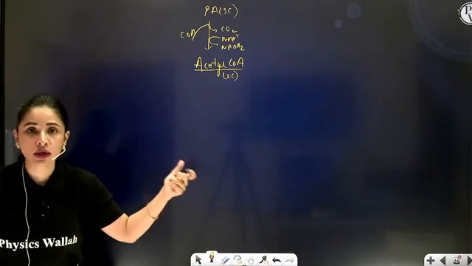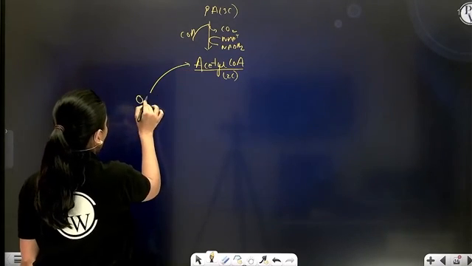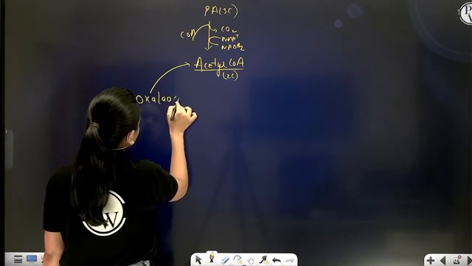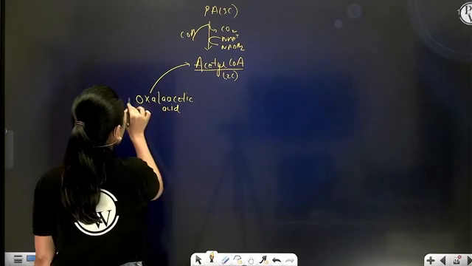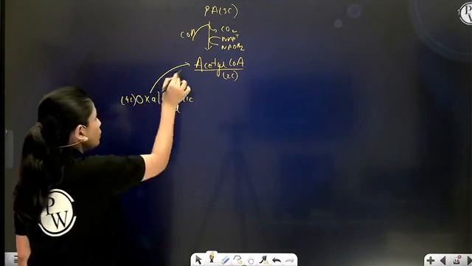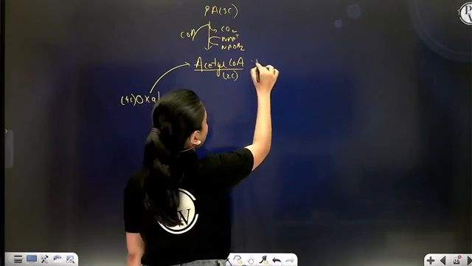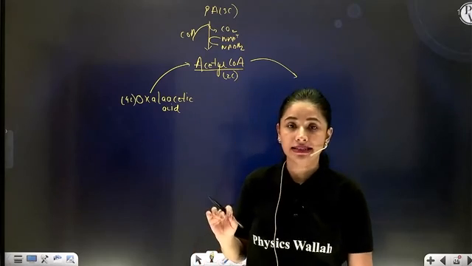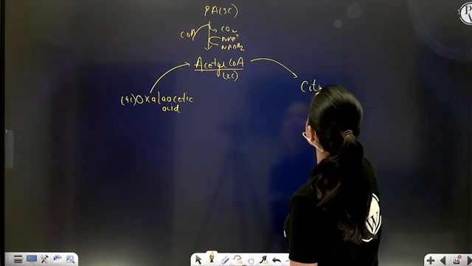Now, this primary substrate, acetyl coenzyme A, joins the primary acceptor, which is a 4-carbon compound, oxaloacetic acid. So the 4-carbon compound oxaloacetic acid joins with the 2-carbon compound acetyl coenzyme A to obtain the first stable product of the Krebs cycle, a 6-carbon compound called citric acid.